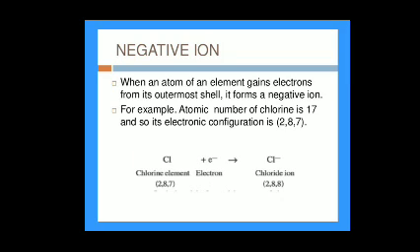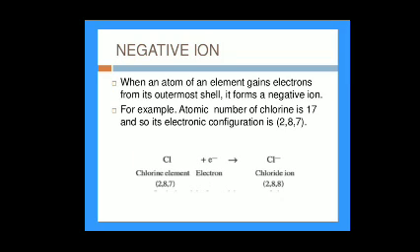Then it forms a negatively charged chloride ion, which is called an anion. An anion forms when an atom gains an electron in its valency shell to get a stable electronic configuration of argon. This chlorine has electronic configuration 2, 8, 7, that means 1s2, 2s2, 2p6, 3s2, 3p5.